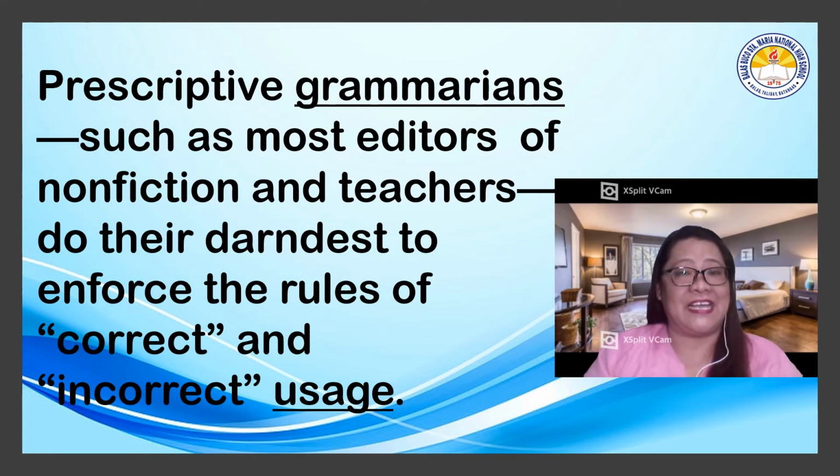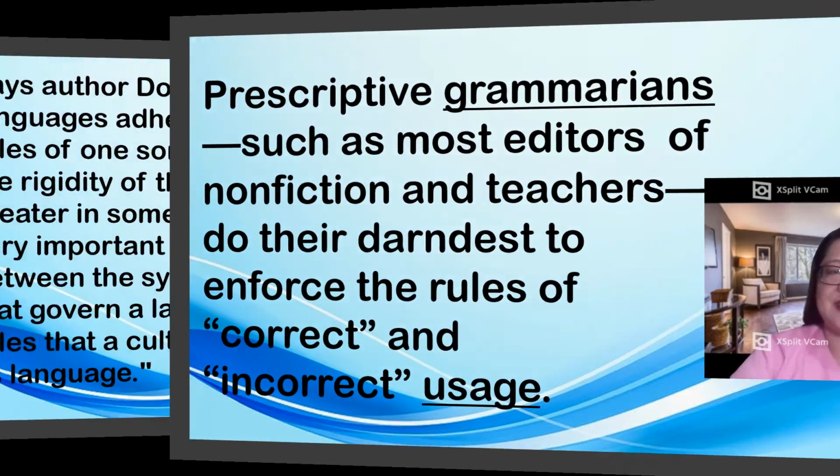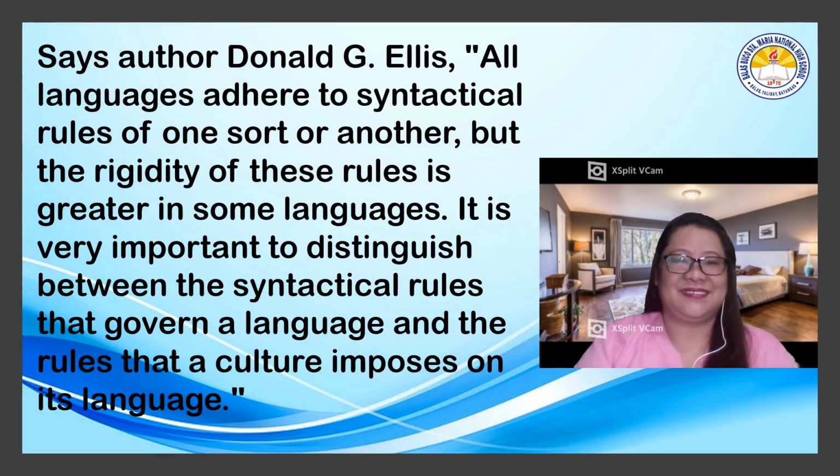Prescriptive grammarians, such as most editors of nonfiction and teachers, do their darndest to enforce the rules of correct and incorrect usage. Says author Donald G. Ellis, all languages adhere to syntactical rules of one sort or another, but the rigidity of these rules is greater in some languages.